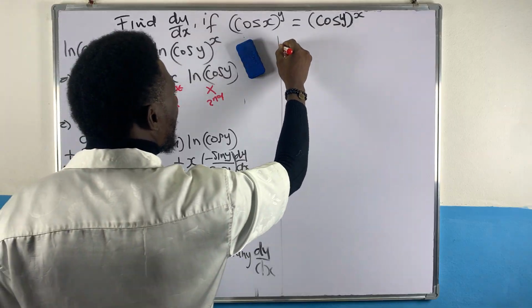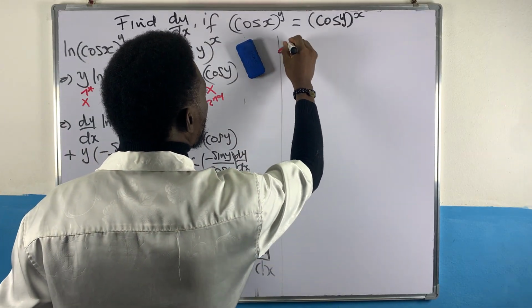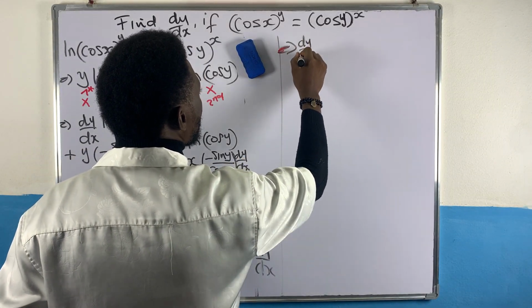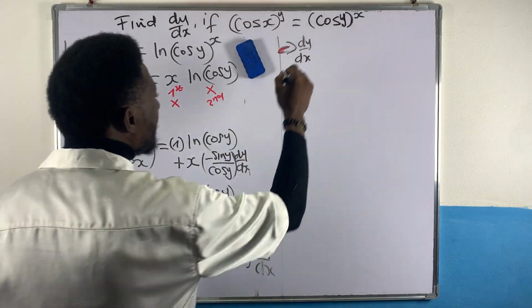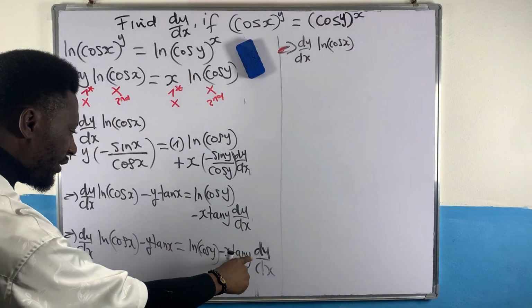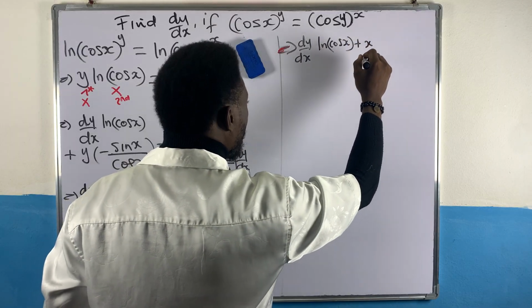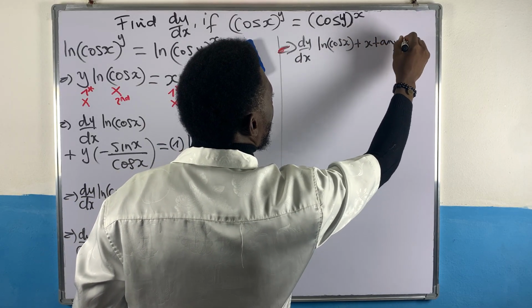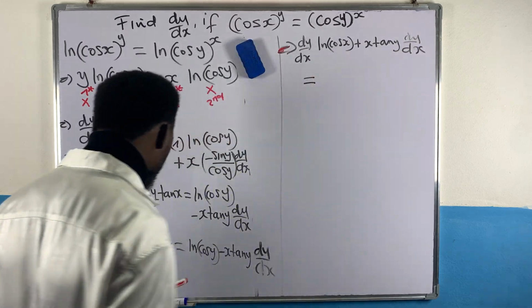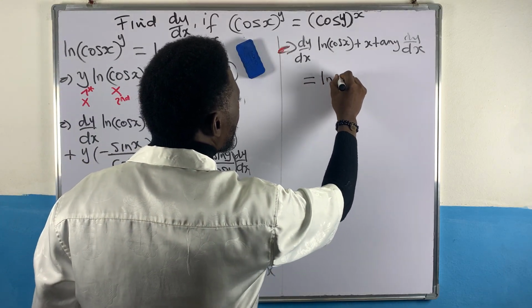So I'm going to have dy/dx ln cos x, plus x tan y dy/dx on one side, all equal to ln cos y on the other side.